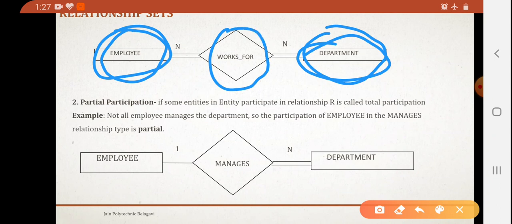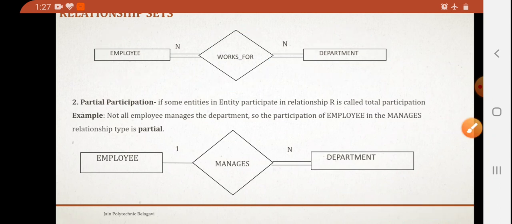The second one is partial participation. If only some entities in the entity set participate in a relationship R, it is called partial participation. Example: not all employees manage a department. So the participation of employee in the MANAGES relationship type is partial.